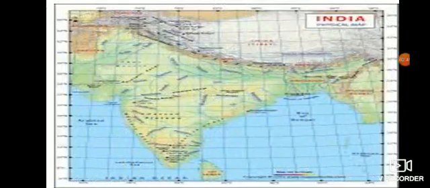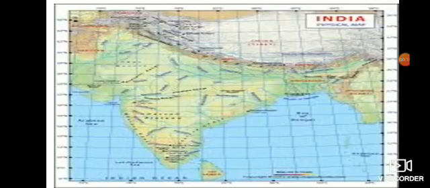Now this is India's physical map. Maps which show physical features like mountains, plateaus, oceans, rivers, lakes, etc. are called physical maps.